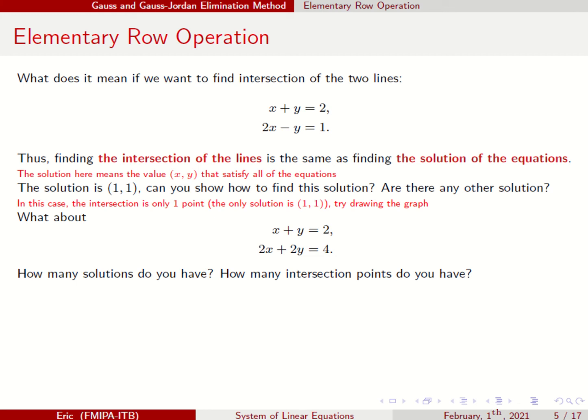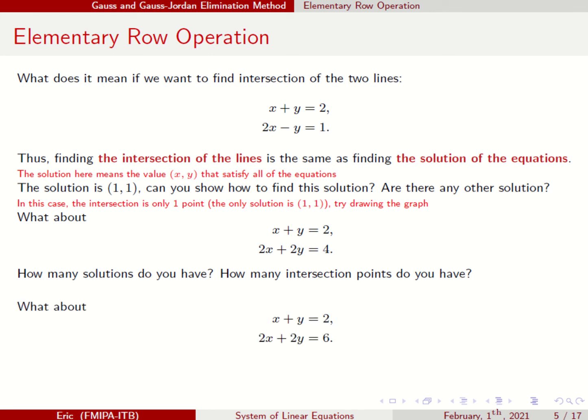So I want to find x and y that satisfy this one equation. I want to find the intersection point between one line. So the solution should be all of the points on the line. How many intersection points? How many solutions do you have? Infinitely many solutions.